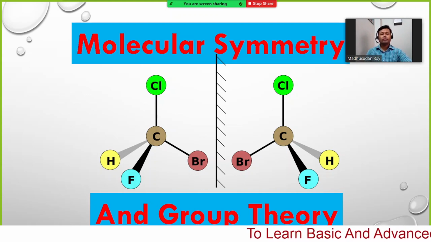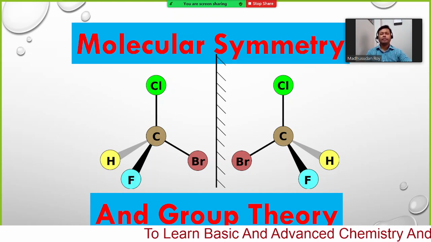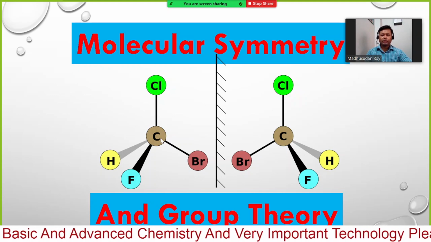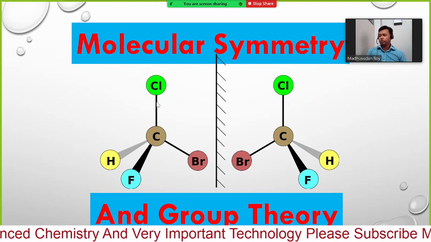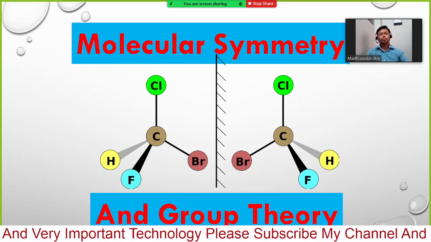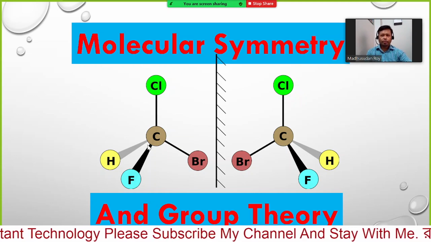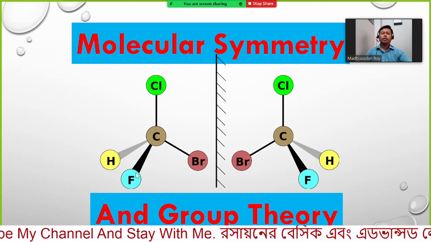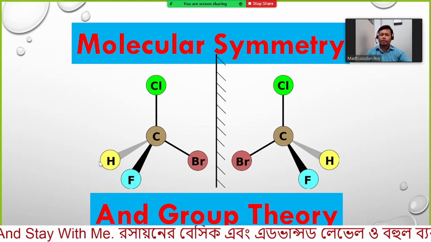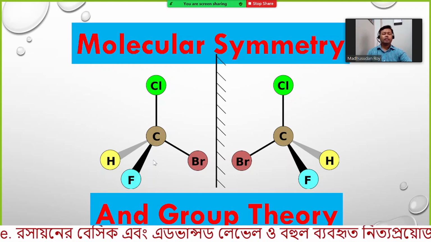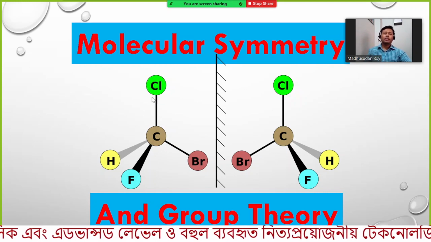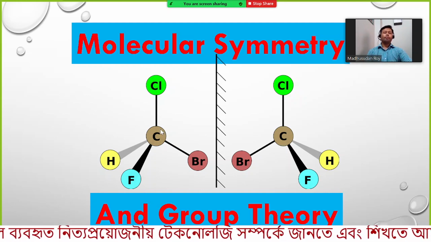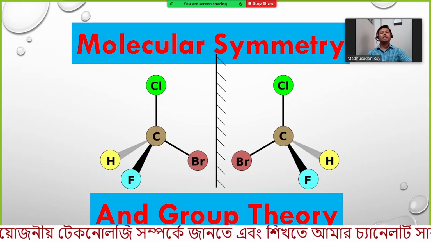How can you consider a plane? You can consider a plane along the chlorine, carbon and fluorine. If you consider a plane or mirror along this chlorine, carbon and fluorine, then you have one hydrogen and one bromine on opposite sides, but it does not have any symmetry. So this type of molecule has no symmetry, only one symmetry you can have: the 360-degree rotation.